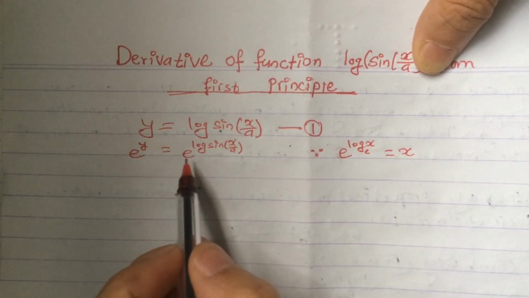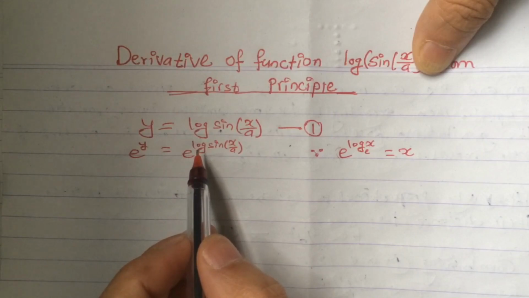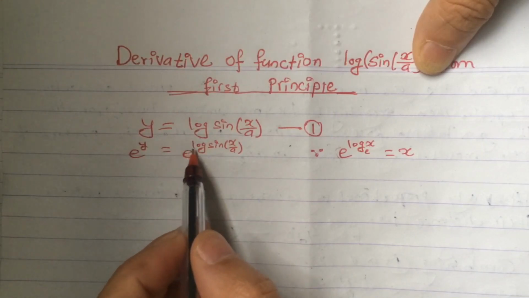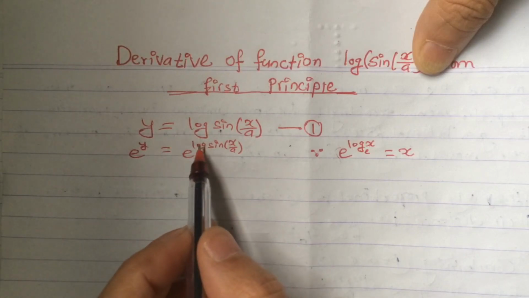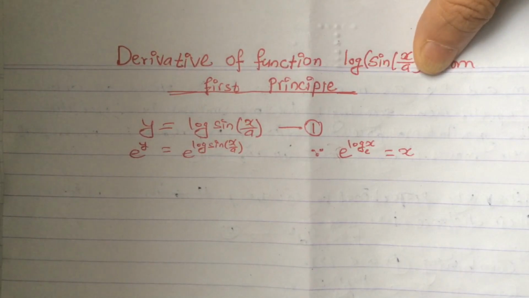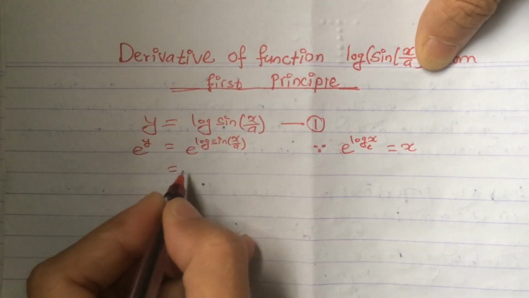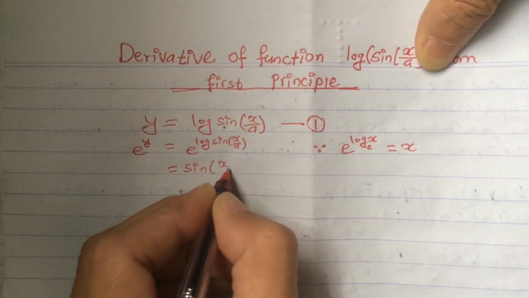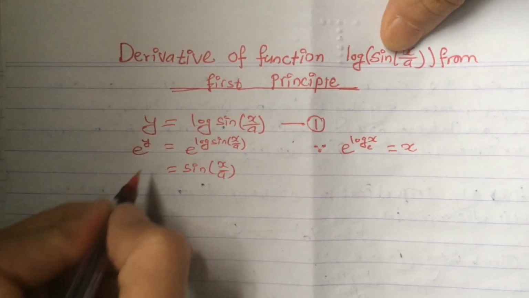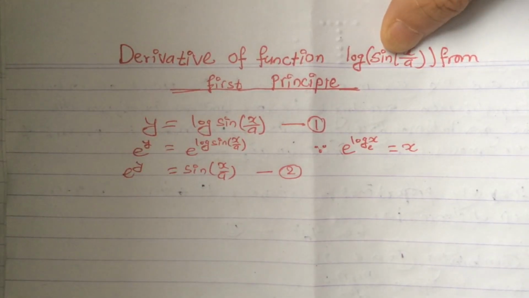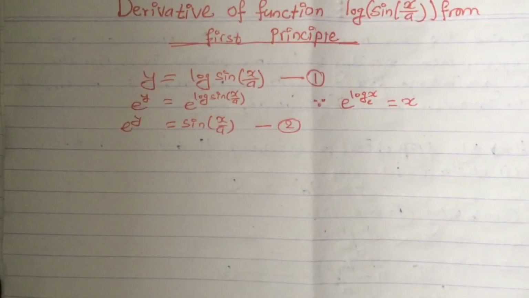Same here, the base of this log function is e, so sin(x/a) comes out of the log and exponential function. So e^y is equal to sin(x/a). Let this be equation 2.